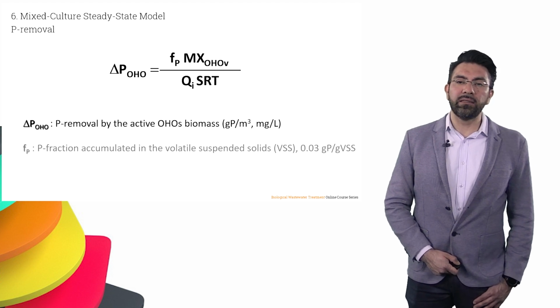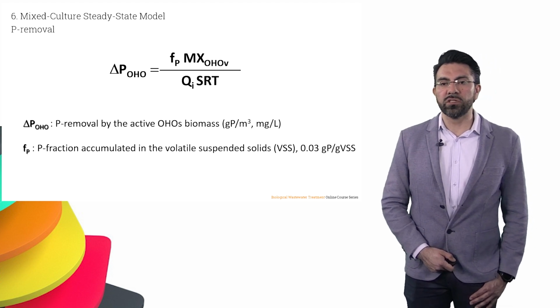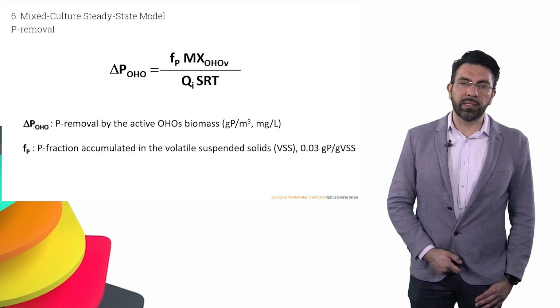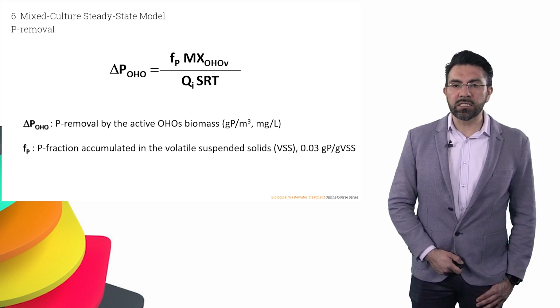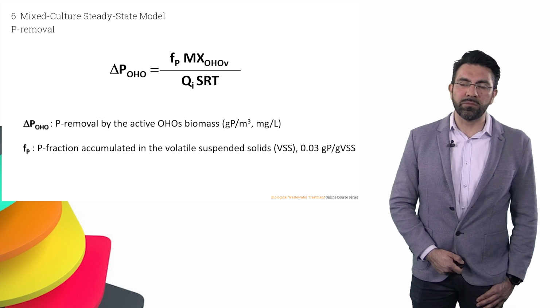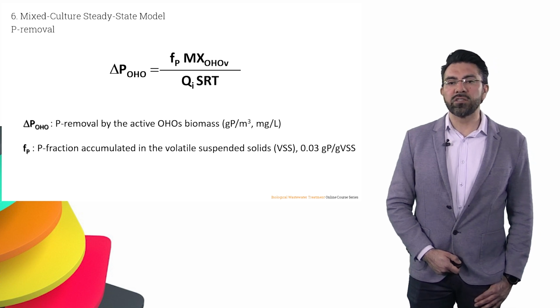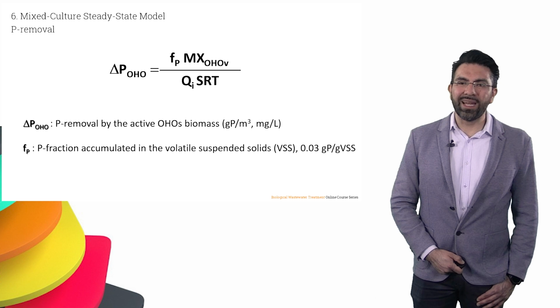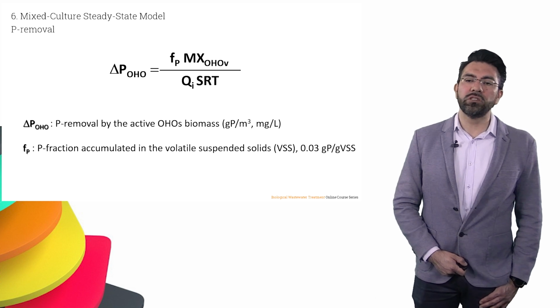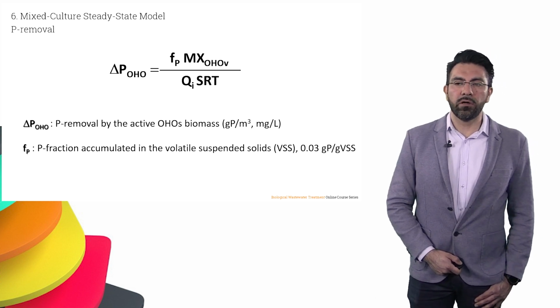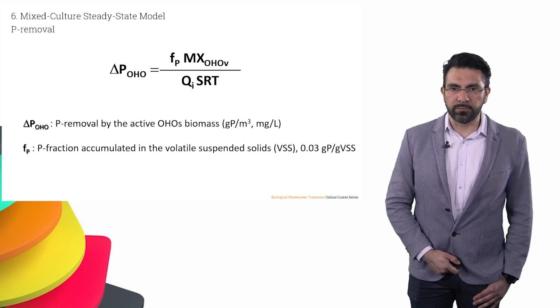Actually, they only need a marginal concentration of phosphorus for mostly their metabolism. So the rest of the volatile suspended solids masses, starting with the mass of ordinary heterotrophic organisms, will store approximately 0.02 grams of phosphorus per every gram of volatile suspended solids.